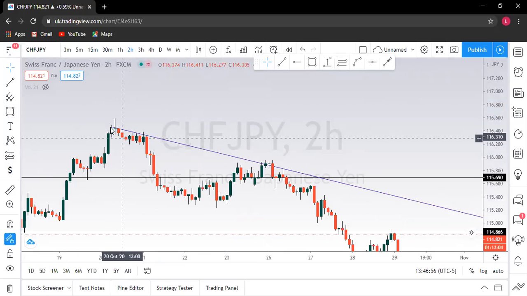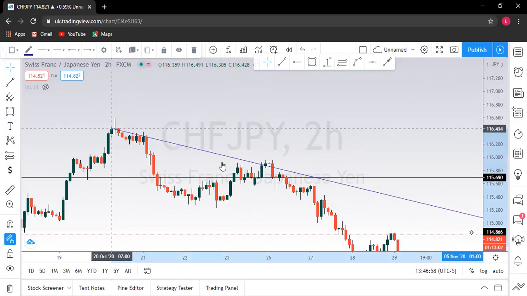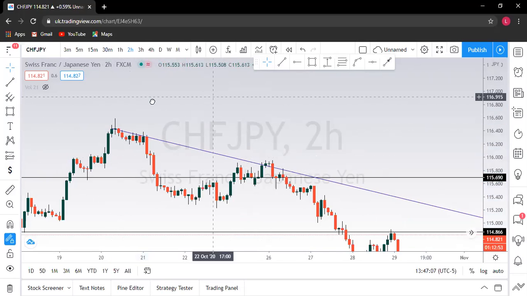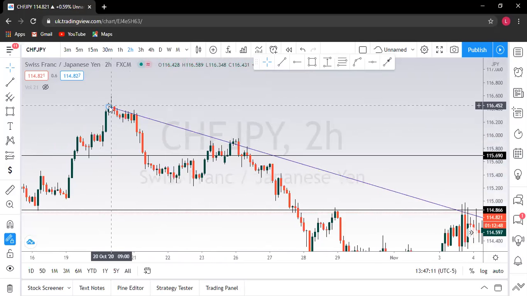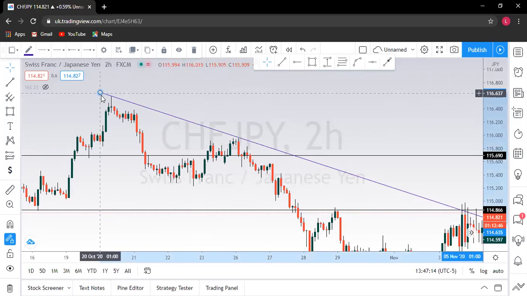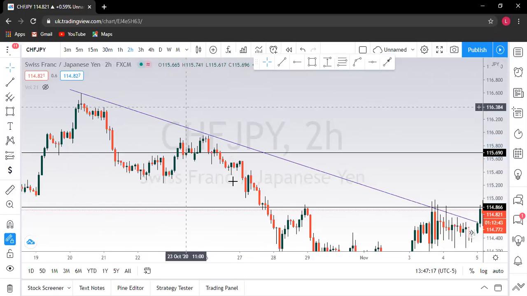And if it is the body you want to use, it should be touching the body, not crossing it like this one, which is crossing the market already. It should just be at the tip. Me, I make use of wicks so that I won't cross the body of my candles.